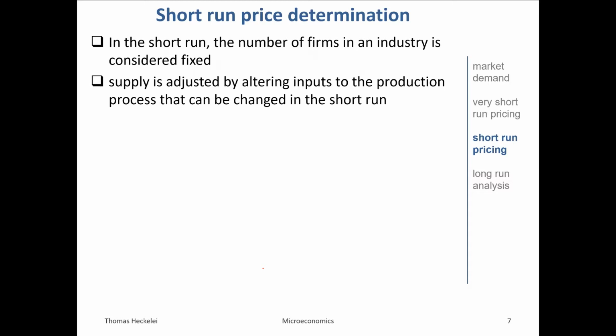How? It can be adjusted by either increasing or decreasing the input to the production process, so that the output quantity changes. This we also came across when we talked about production and supply already.